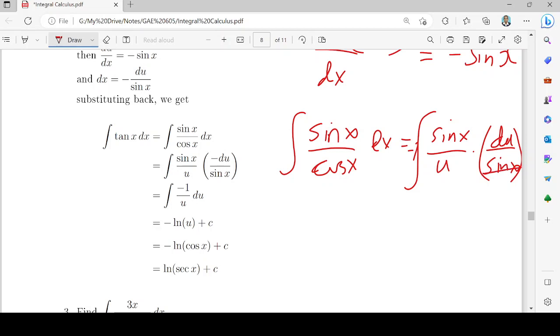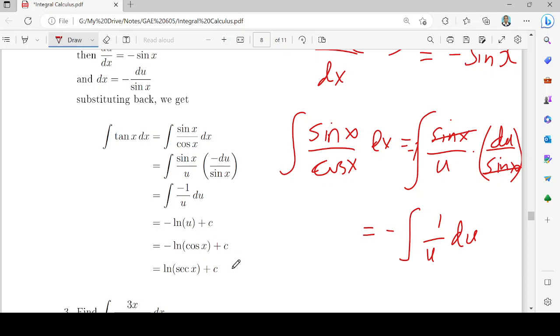So sine of x cancels out, and we are left with minus the integral of 1 over u with respect to u. This is now in the standard form, and so we get minus the logarithm of u, which is minus the logarithm of cosine of x, because u is equal to cosine of x.